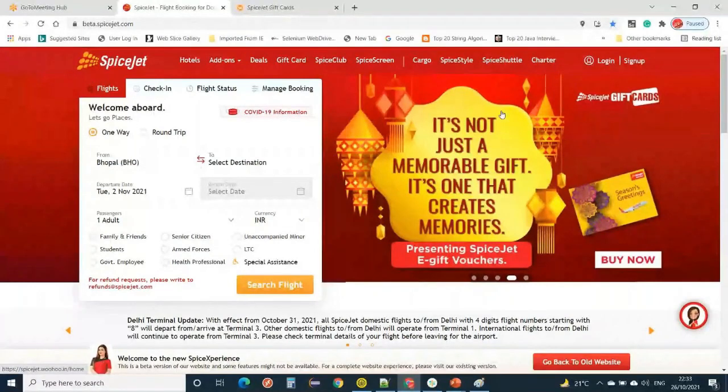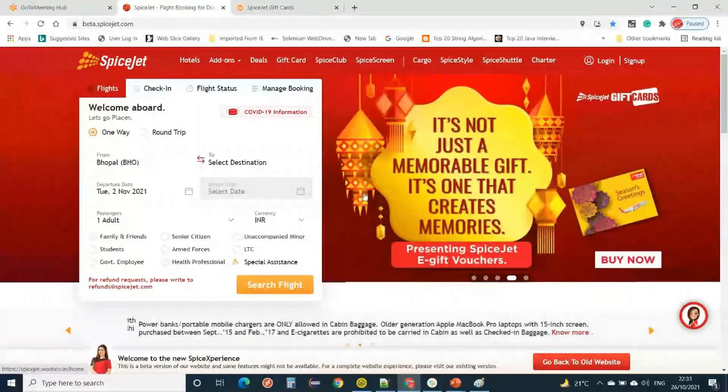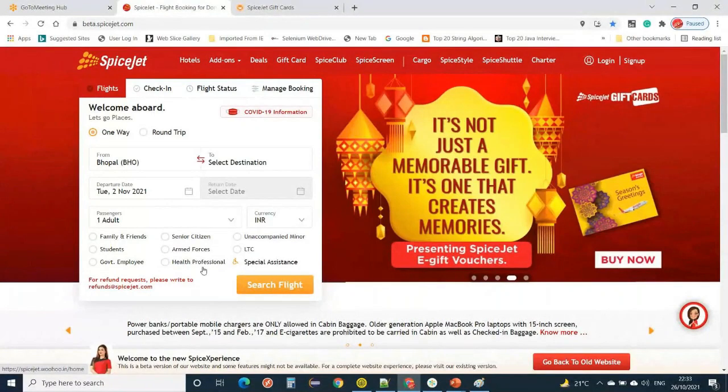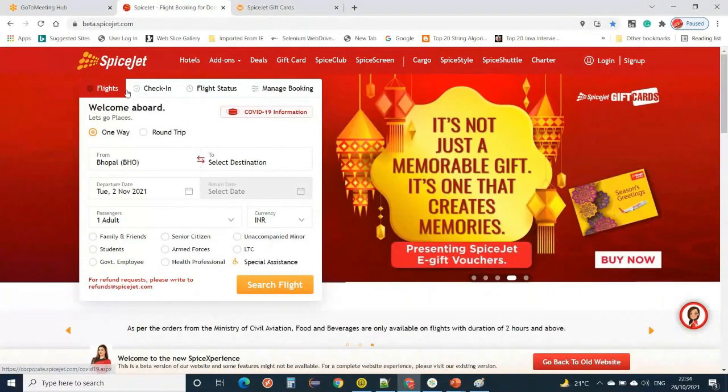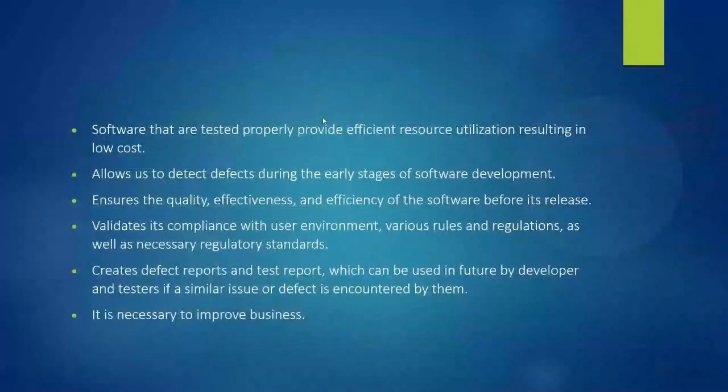If one site is not working, there are other options for people, and they will go with those, right? So if this site is not working, then the business for SpiceJet will be at a loss, and no one will be using it. Then there will be no business for these people.